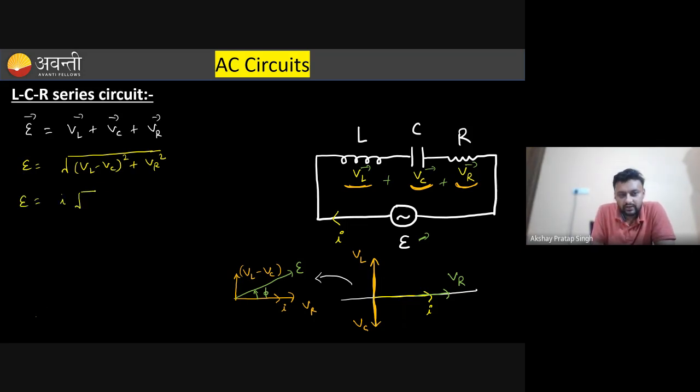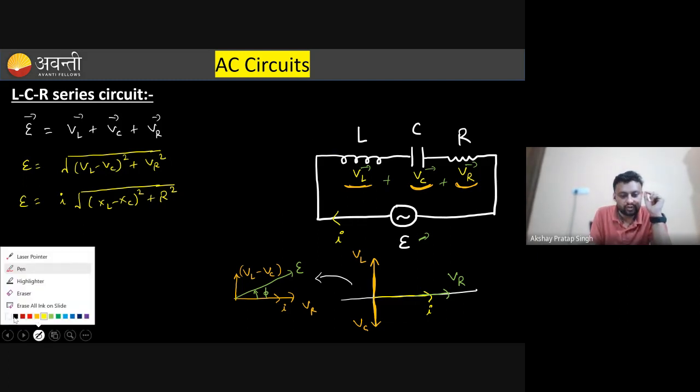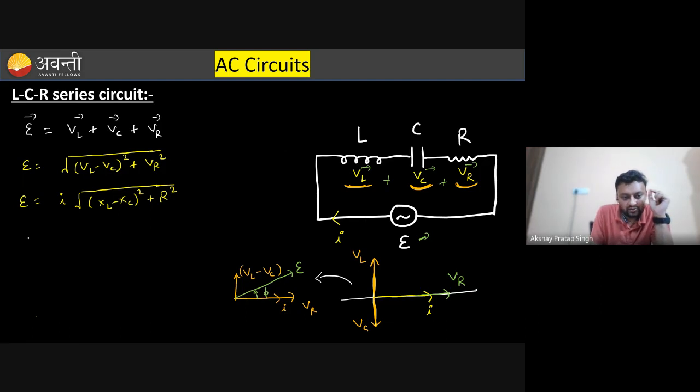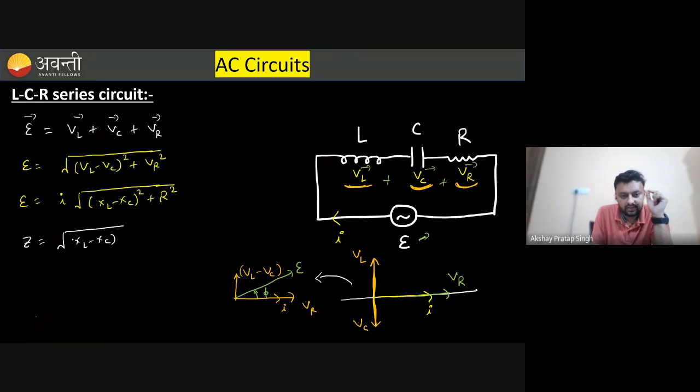And if you take I outside, it will be XL minus XC square plus R square. If you remember the comparison from the last circuit, that is the LR circuit, we have drawn some equivalent of this. So this portion is nothing but Z. So Z is what? Root of XL minus XC square plus R square.